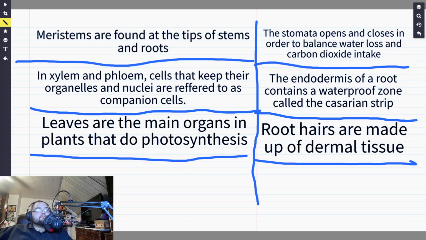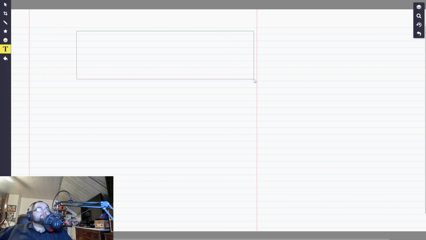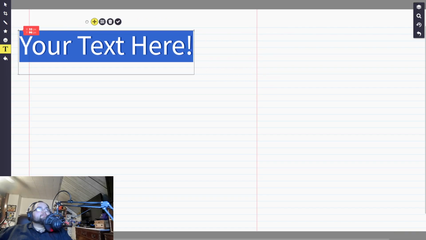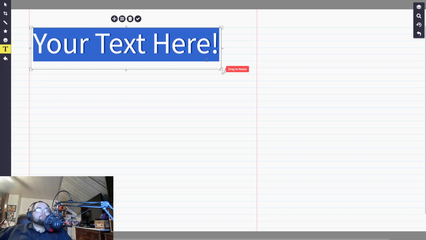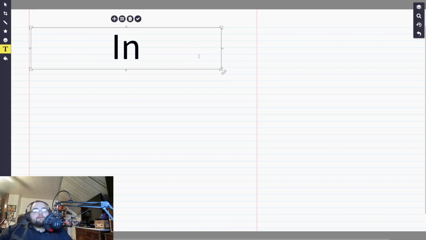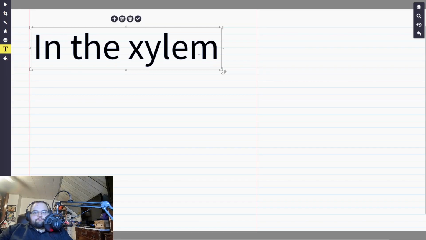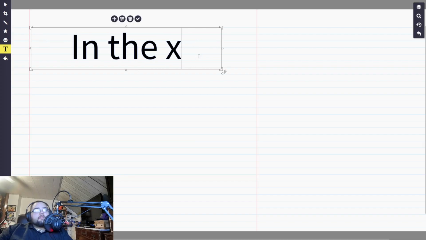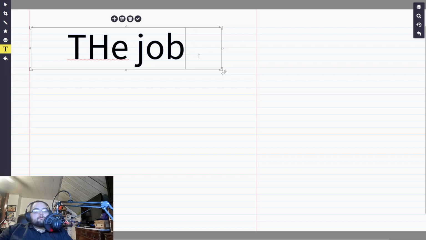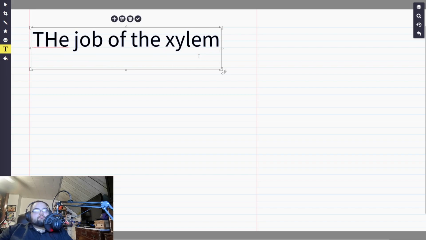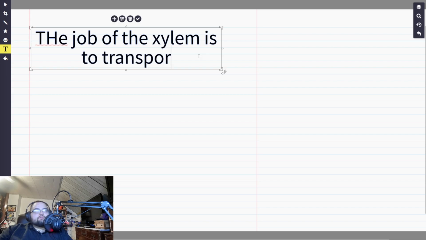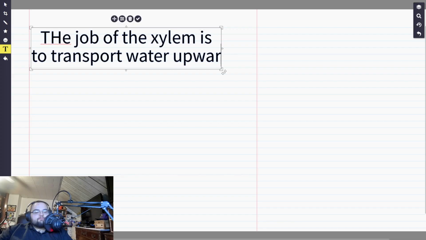Now we're moving in to the short response questions. There's 3 of them. So, take a look. In the xylem. No. The job of the xylem is to transport water upwards.